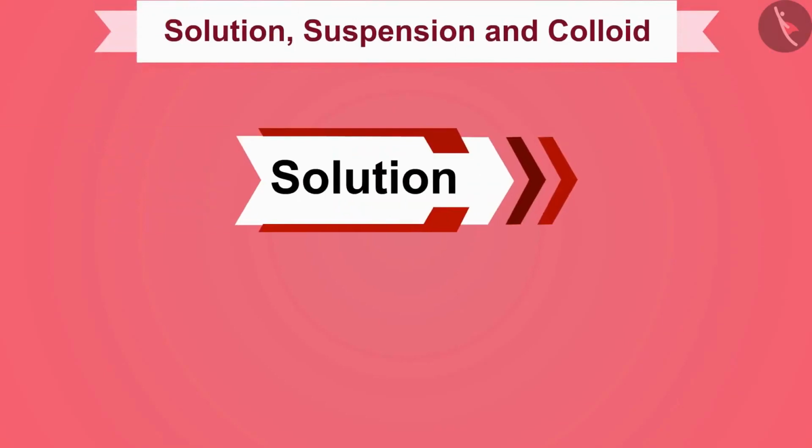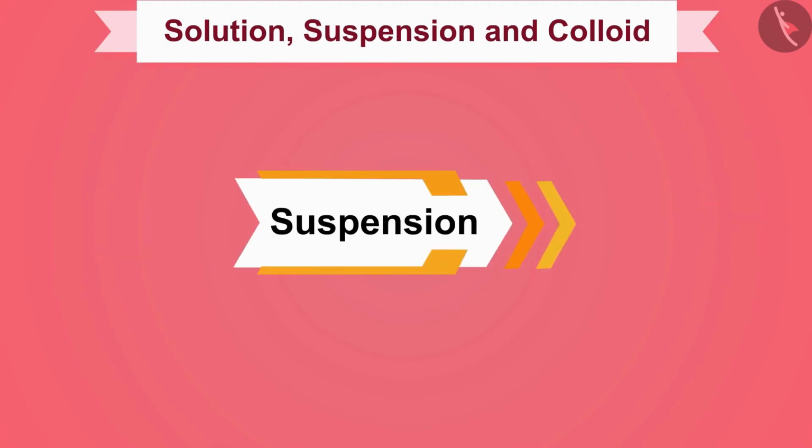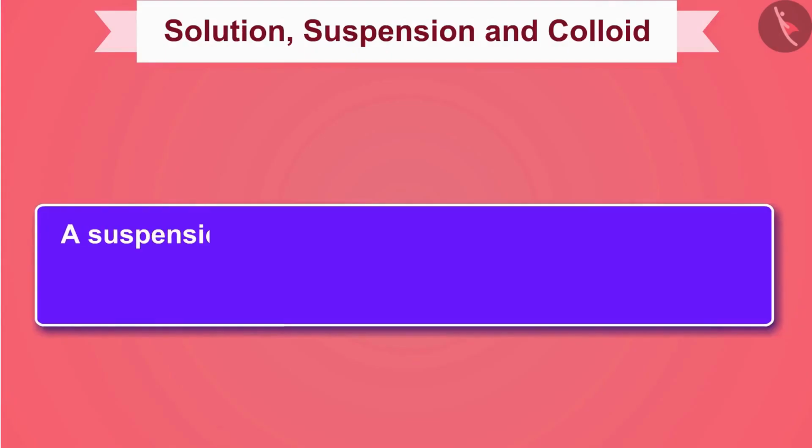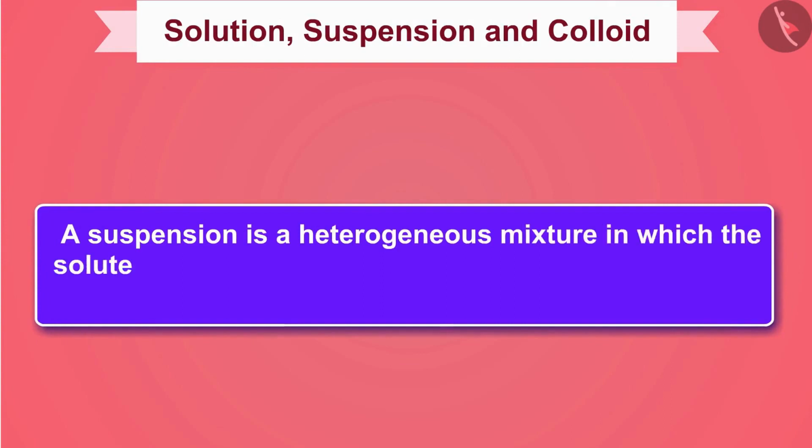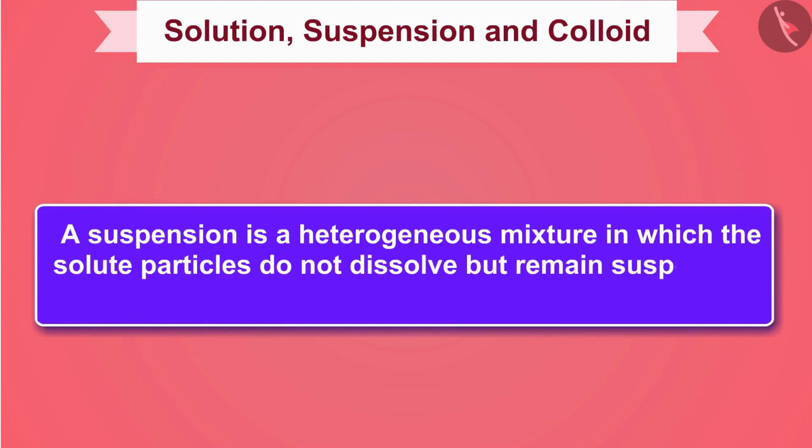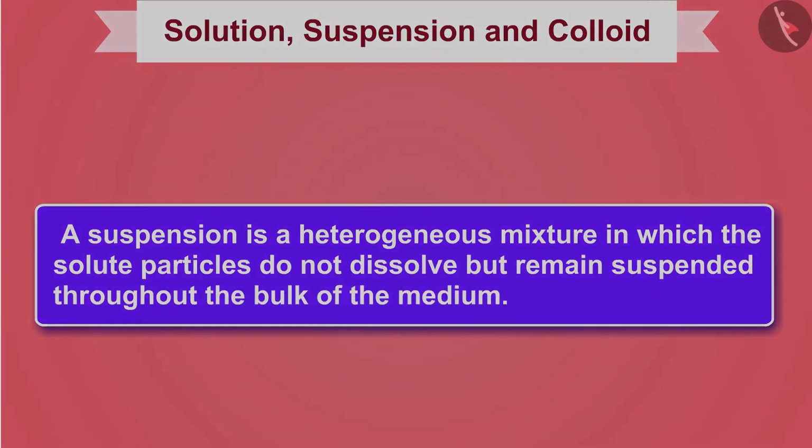Friends, now that we have learned about the solution, let us now learn about suspension. A suspension is a heterogeneous mixture in which the solute particles do not dissolve but remain suspended throughout the bulk of the medium.